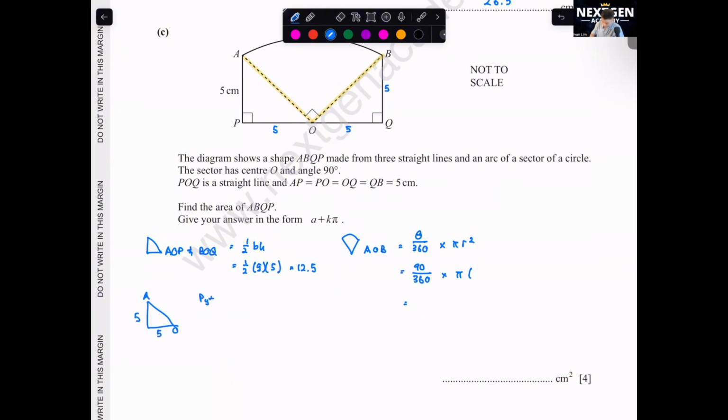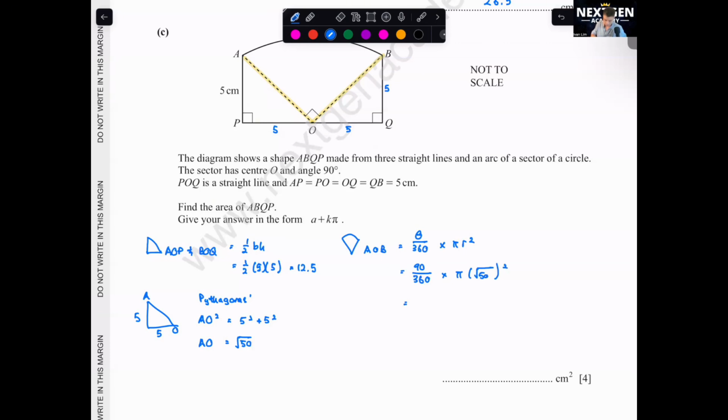We're going to use Pythagoras theorem. AO squared equals 5 squared plus 5 squared. AO is equal to the square root of 5 squared plus 5 squared, which is 50. Okay, 25 plus 25. Then here is square root 50 squared.